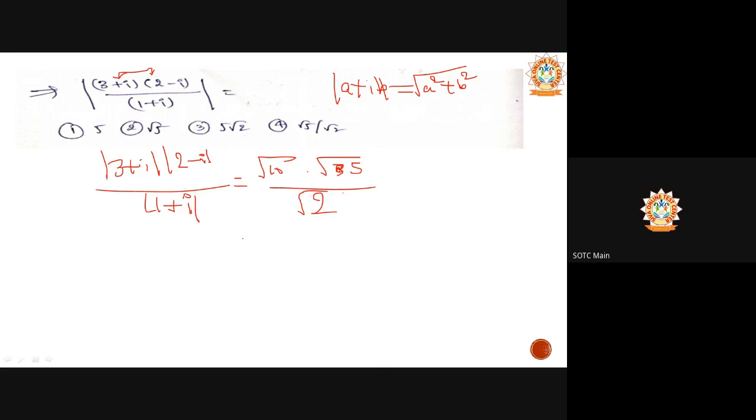So what will become? Under root 10, we can write it as under root 5 into under root 2, under root 5 divided by root 2. So root 2 will get cancelled. Root 5 into root 5 will become 5. Option 1 is correct. That is correct. Clear? Yes, sir.